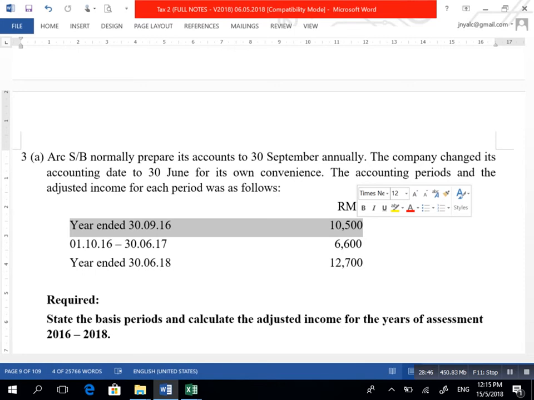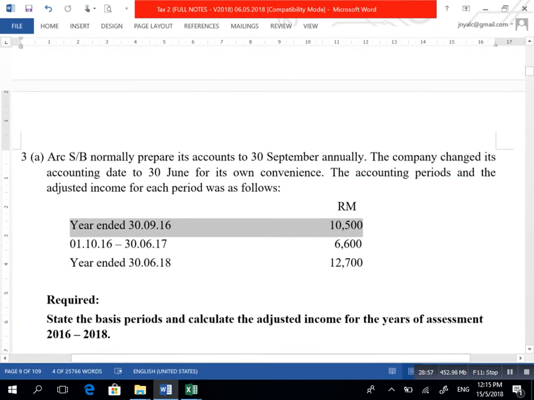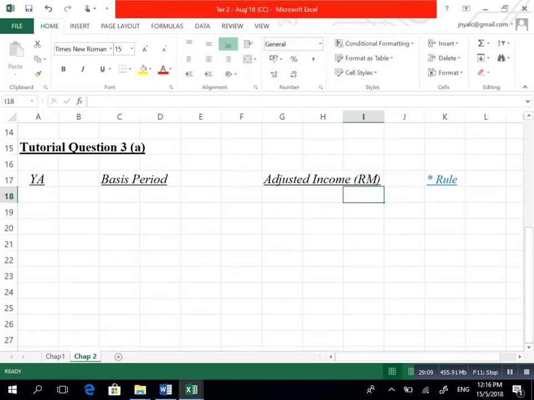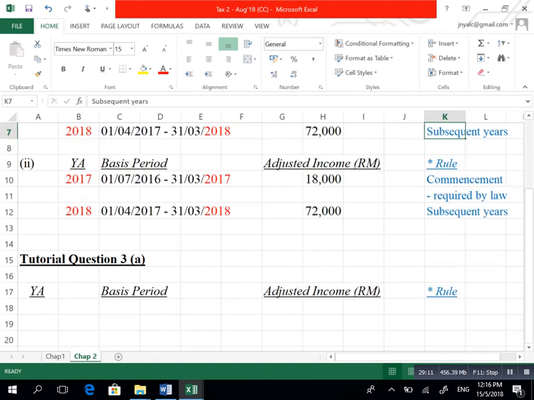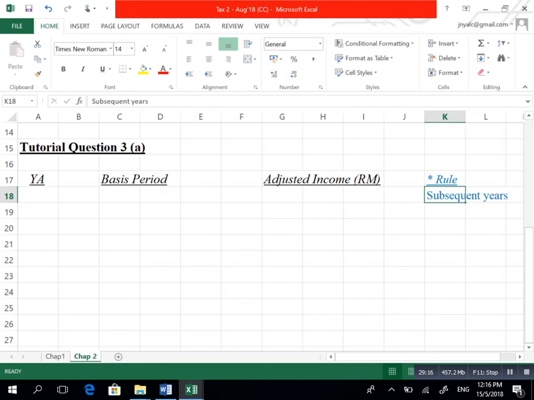Now, for this year ended 30th September 16, you change already? Haven't changed, right? Still closing on September, am I right? Yes. So which rule you follow? Yes, good. Subsequent year rule. You haven't changed anything yet. Normally, you should follow your subsequent year rule. Year ended 30th September 16, subsequent year rule normally follow accounting period.